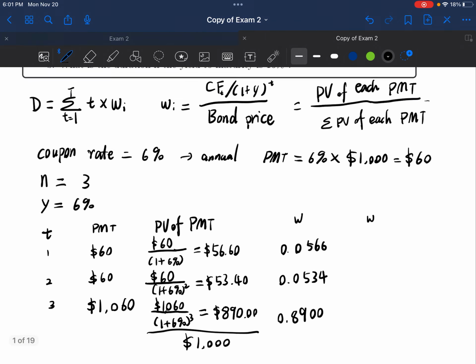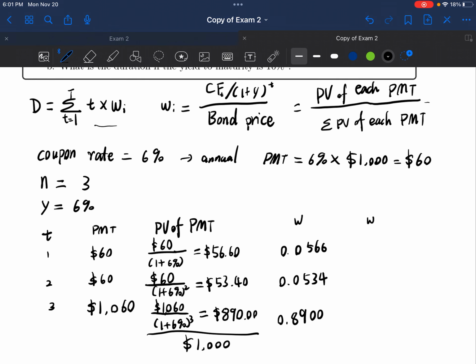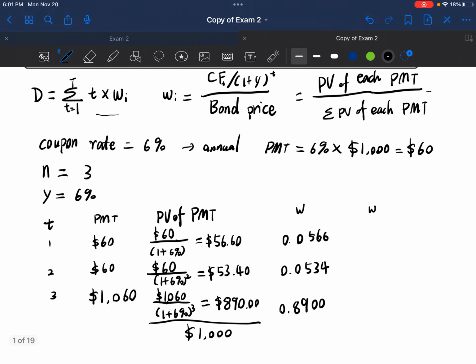Next, because you want to get the summation of t times weight, you calculate t times weight.